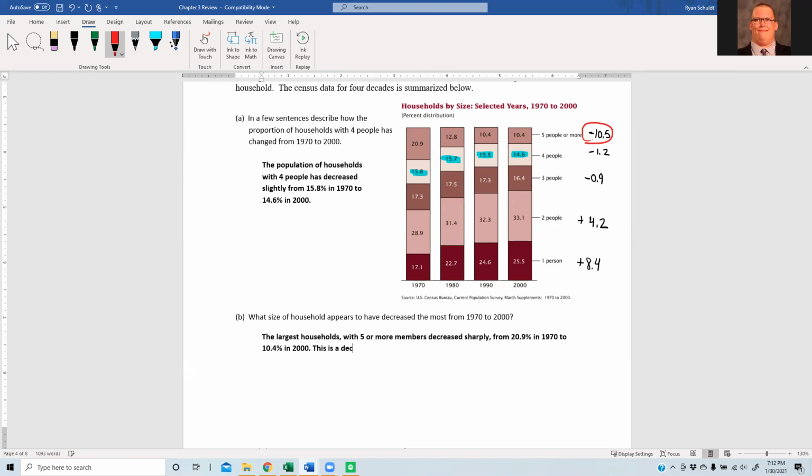This is a decrease of 10.5 percentage points. The other households either grew in size or only decreased slightly. I mean, we have a clear winner with 5 people or more. It's our clear winner here.